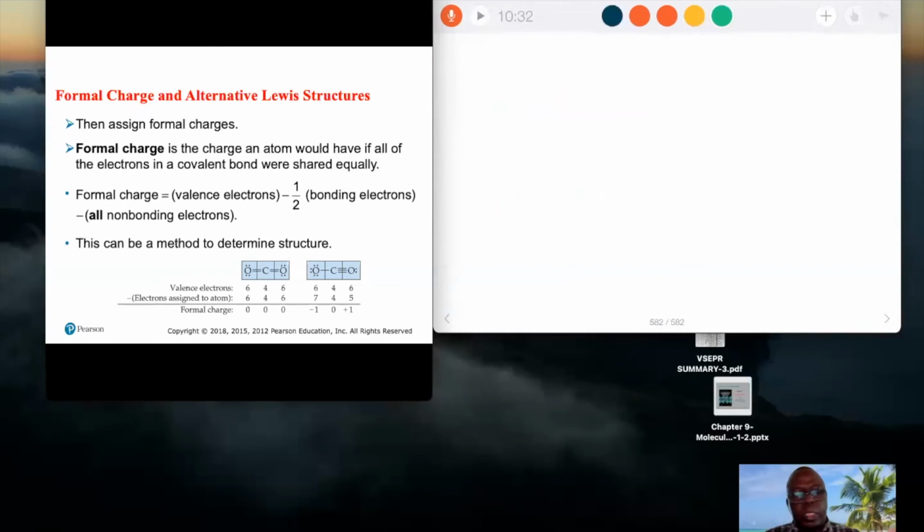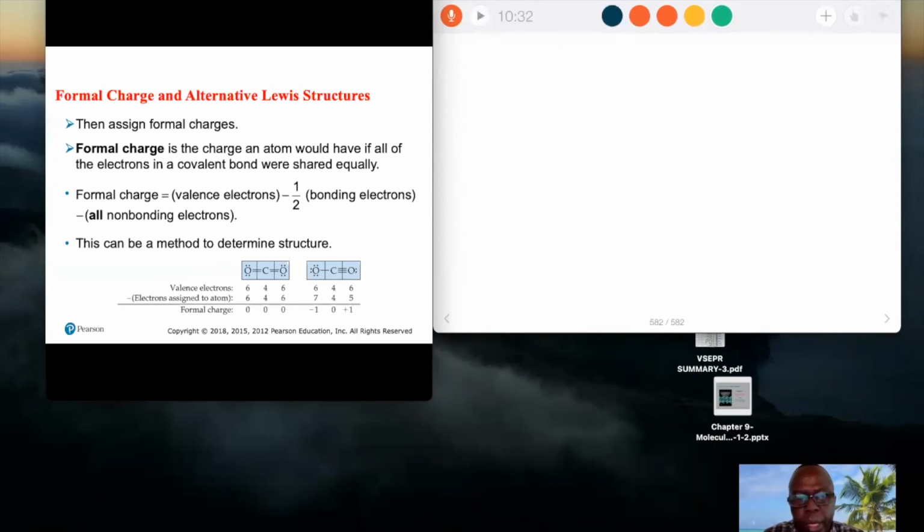Now, when Lewis structures for molecules are drawn, there are sometimes more than one possible structure. And they are all what? They are all correct. They all satisfy the octet rule. But one is the most accurate or the most acceptable Lewis structure.